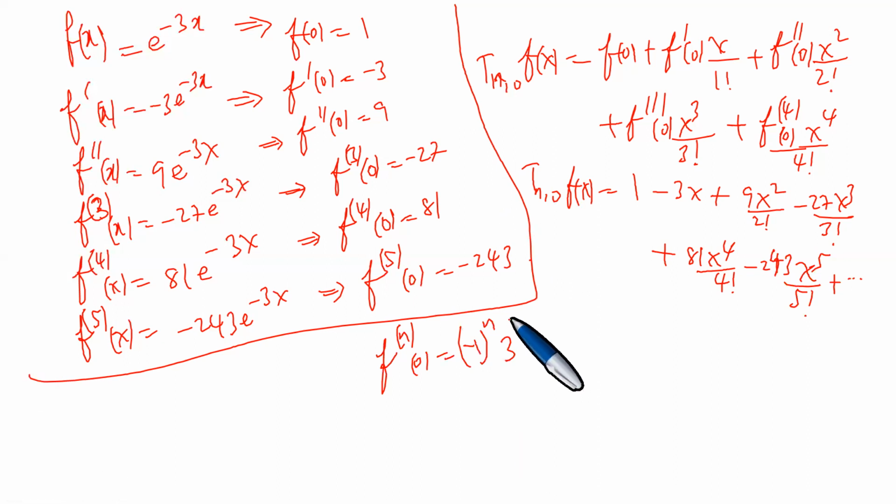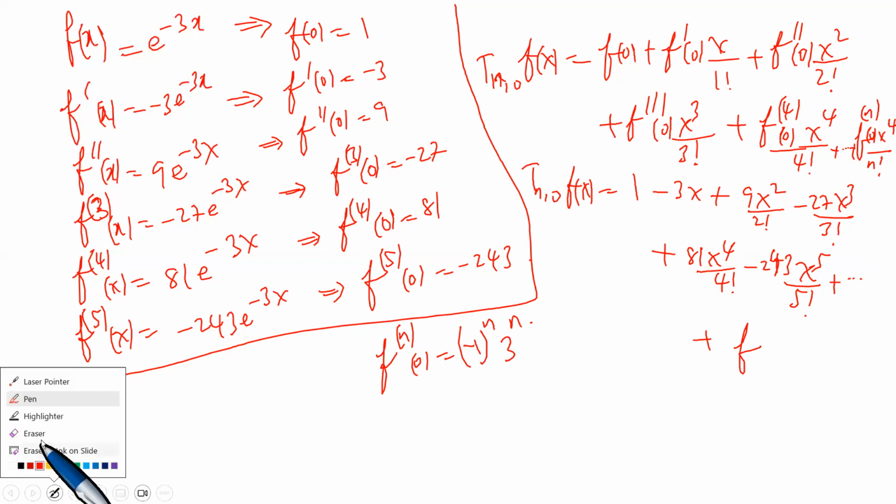It means that if we go up to n, the nth derivative is what we put there. Then you have f n of 0 times x to the n over n factorial. Forgive me, it's a bit congested, but I'm trying to demonstrate the idea.